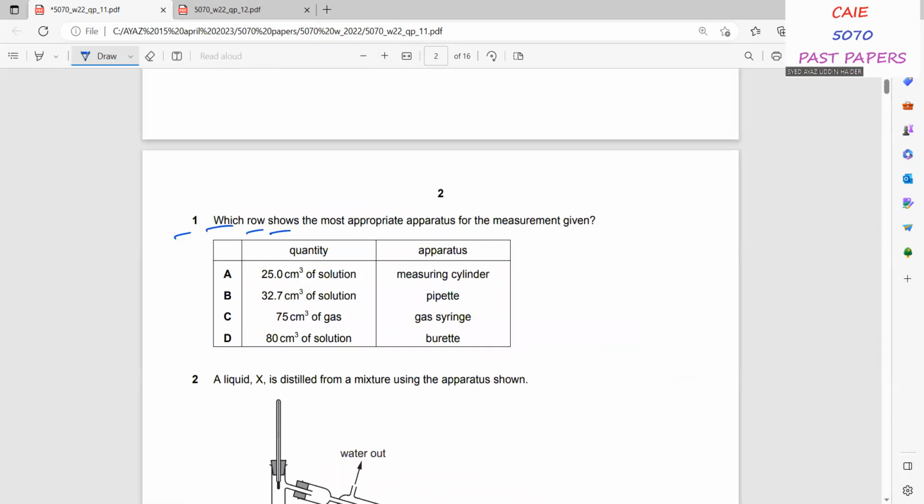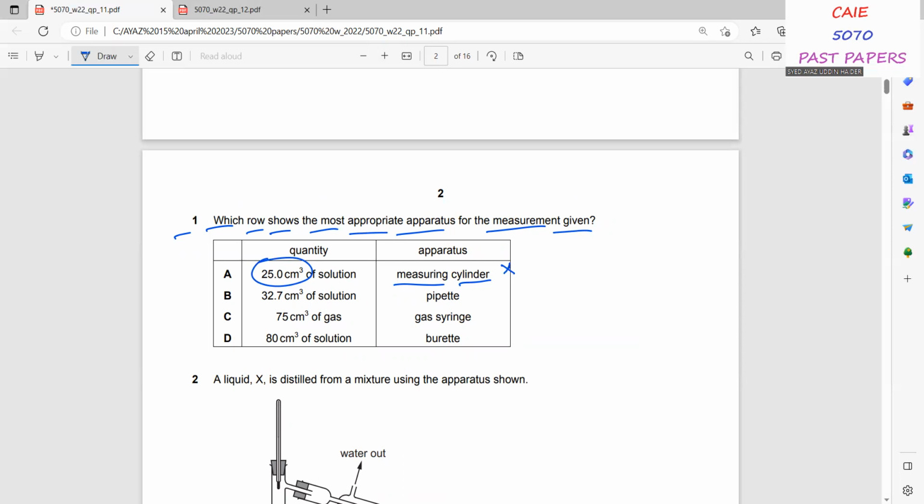Which row shows the most appropriate apparatus for the measurement given? Now, the first apparatus is the measuring cylinder. You can't measure 25 cm³ of solution using a measuring cylinder, so this is wrong.